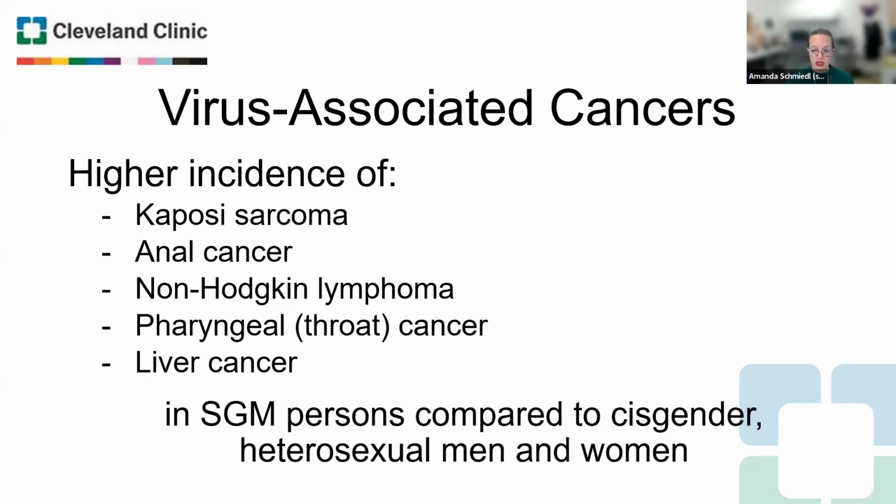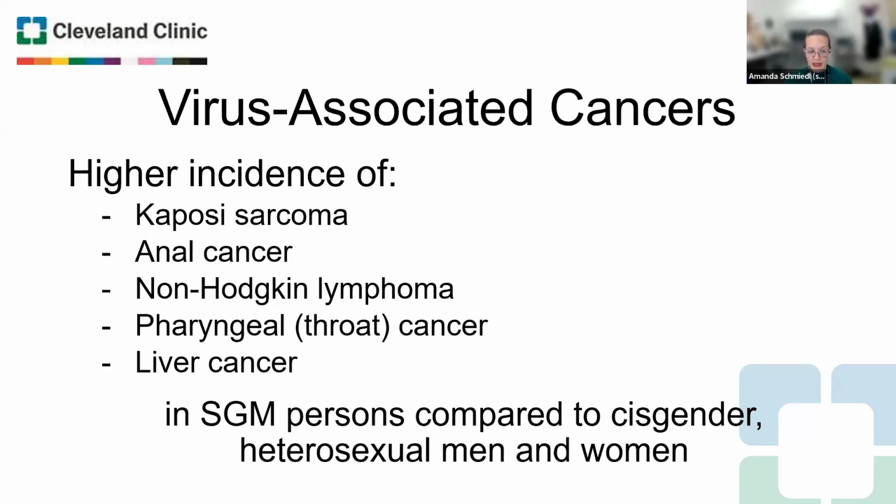So, the blood vessels and the lymph that drains fluid. And it's often linked to immune deficiency. So those with HIV or AIDS, but also those with immune deficiency for other reasons, such as being on an immune medicine for something like Crohn's disease or colitis.